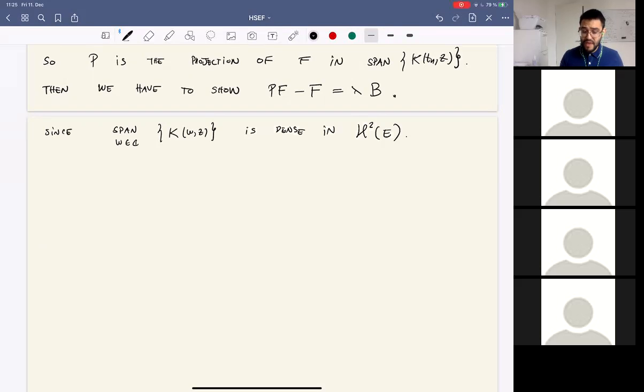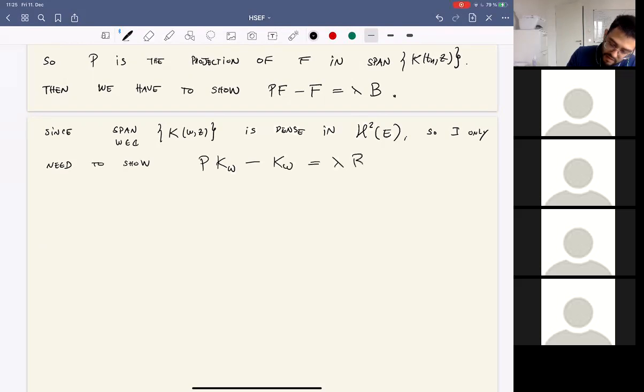So since this span is dense, I only need to show that P of K_W minus K_W is some multiple of B. Okay, if I do this, then by a limiting procedure, I can just do linear combinations.